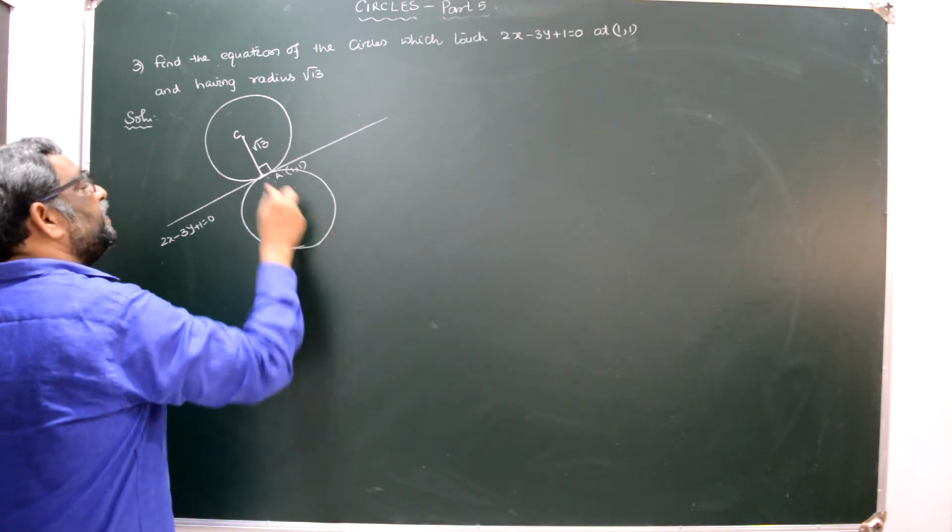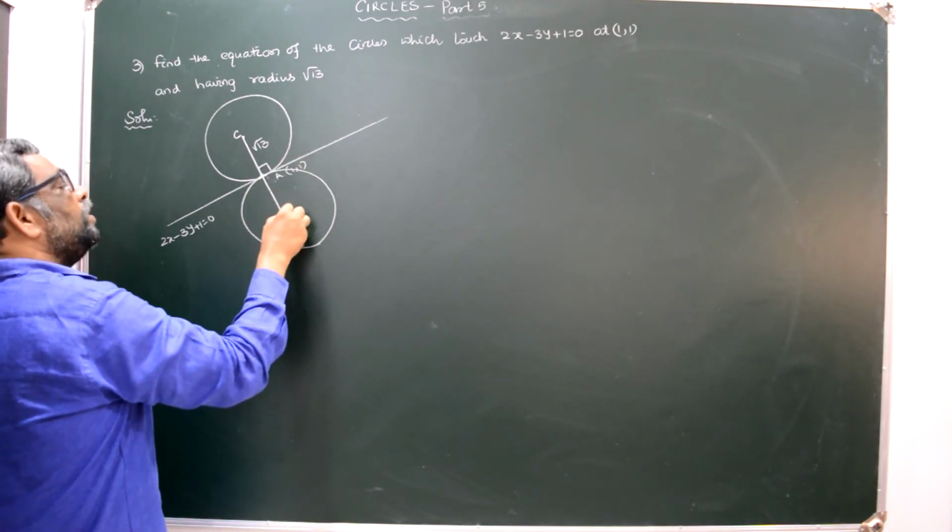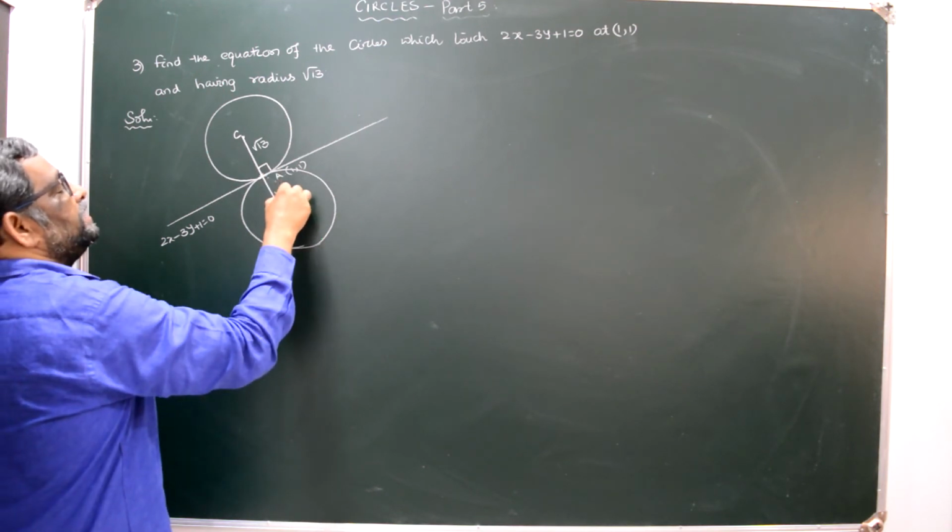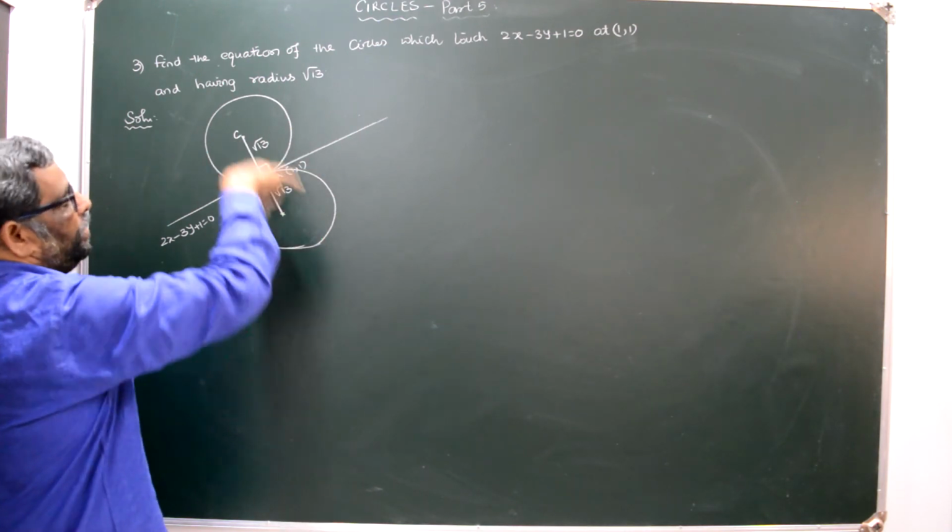Now, there is a possibility for another circle to exist like this. There is a possibility for the existence of the other circle also. This can also be the center. This is also root 13 units from A on the same line.